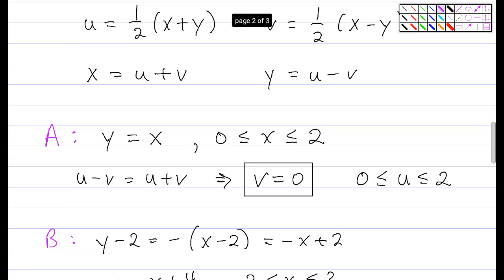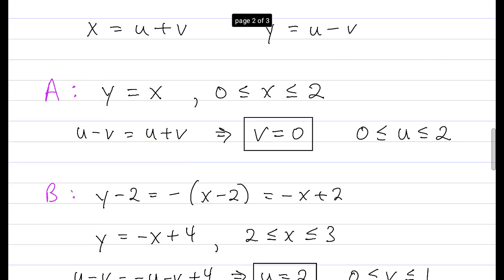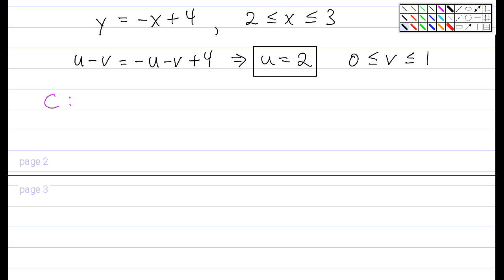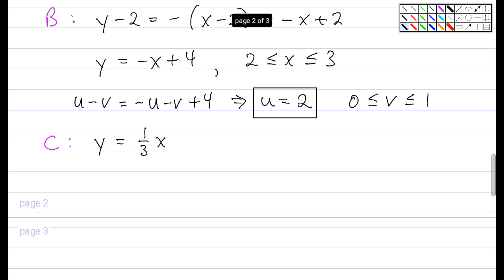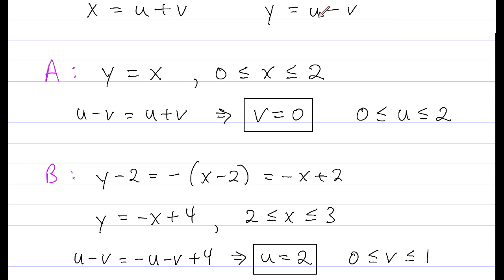Okay, going back up to my graph, right here, what is the equation of this line? It looks like it has a slope of 1/3 and it goes to the origin. So y must equal 1/3 times x. Let's plug in what we know for y and x: x is u plus v, y is u minus v.